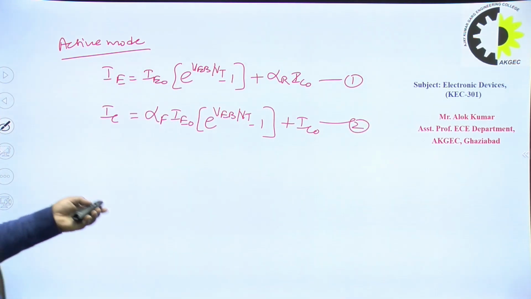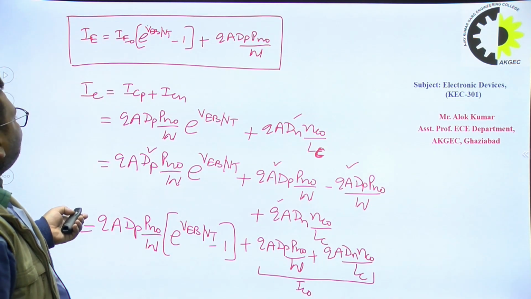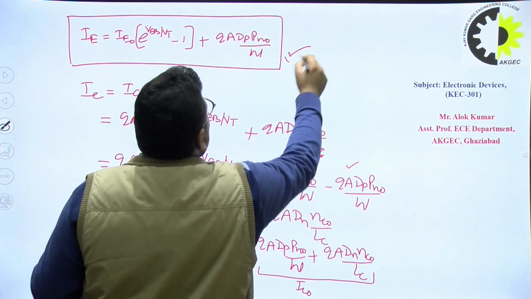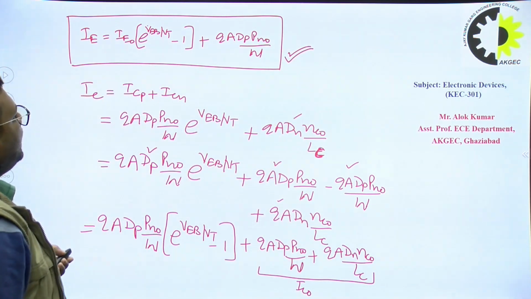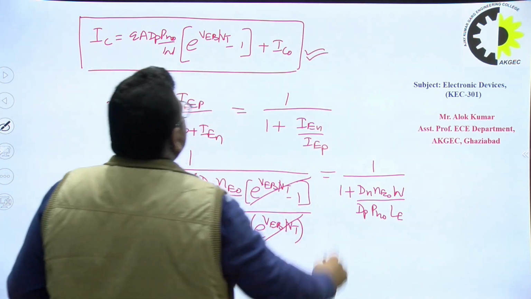Now we have to compare these equations with what we derived previously. IE we will compare with this, and the IC equation, equation number 2, we will compare with this equation.